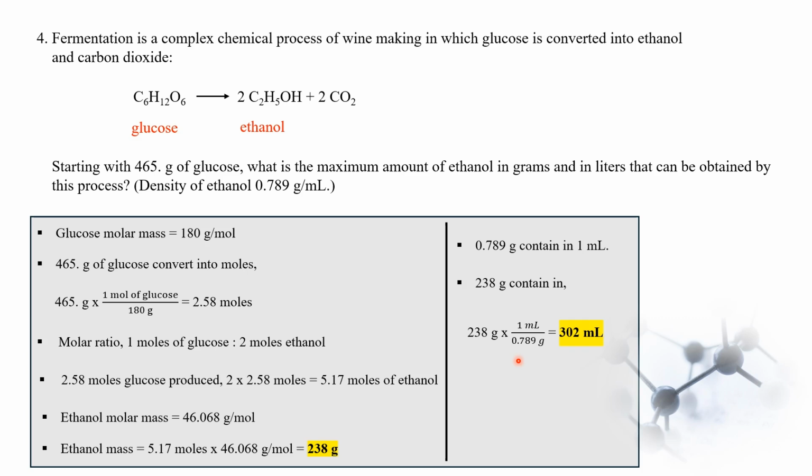You can write it as a fraction: 1 ml divided by 0.789 grams. The other fraction, you can switch the numerator and the denominator: 0.789 grams divided by 1 ml. But for this part we need only the first conversion factor, because the 238 grams, the grams should be in the denominator. Then we can cancel grams, the unwanted units. 238 times 1 divided by 0.789 is equal to 302 milliliters.